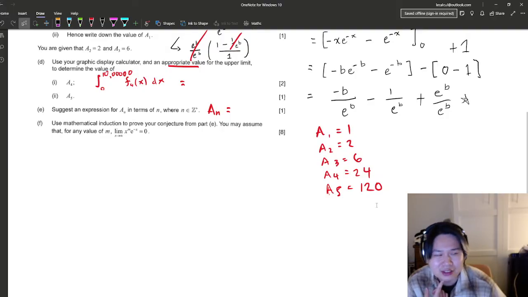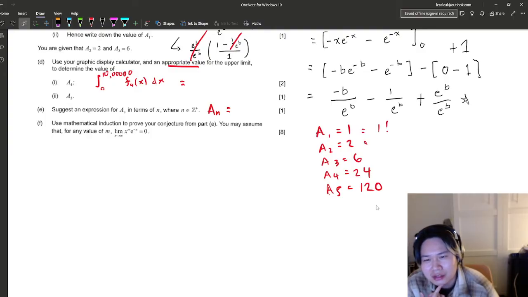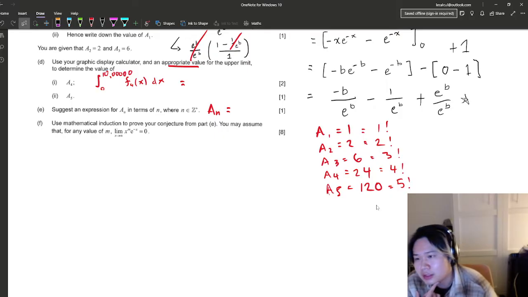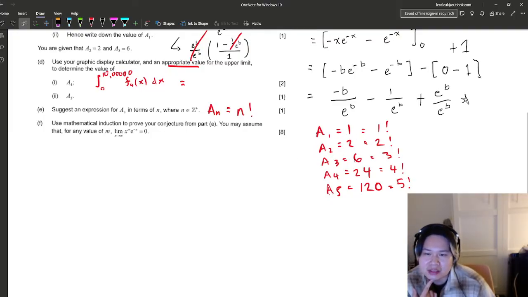Oh, is this factorial? 1 factorial, 2 factorial, 3 factorial, 4 factorial, 5 factorial. Okay, so this should be n factorial. Right? Times 2, times 3, times 4, times 5. So all you're doing is taking this number and multiplying with the numbers from previous.